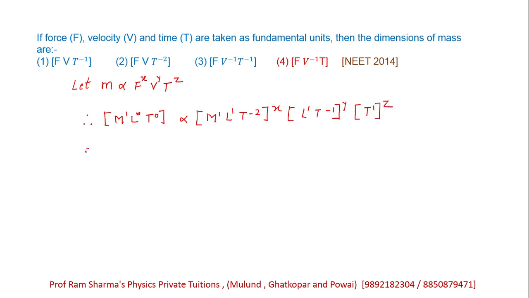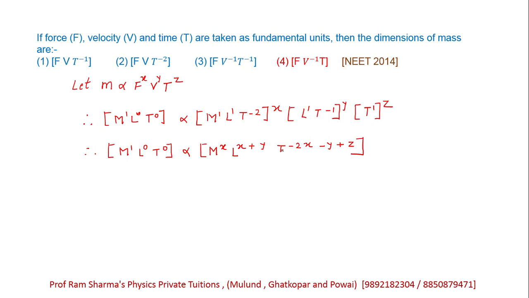If we further solve, we'll get M1, L0, T0 as proportional to M power X, L power X plus Y, and T power minus 2X minus Y plus Z. The standard way of doing the sum.